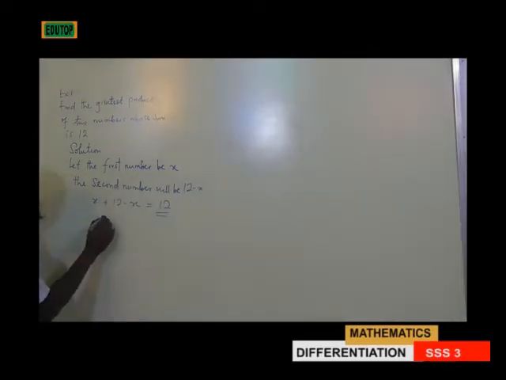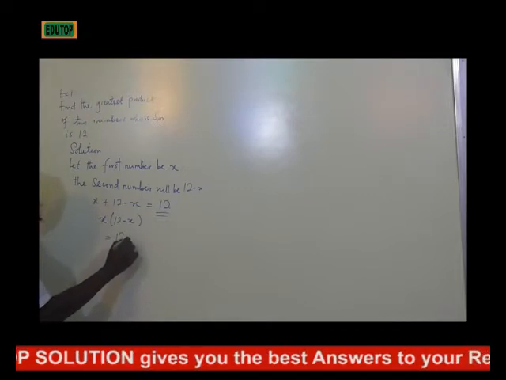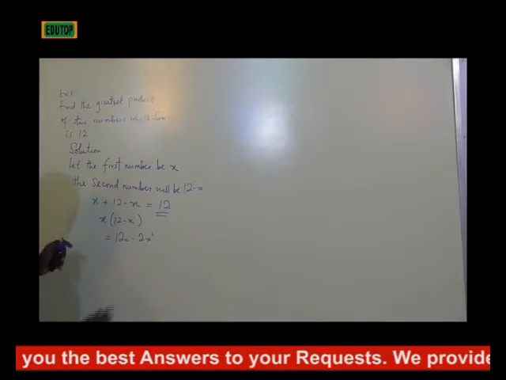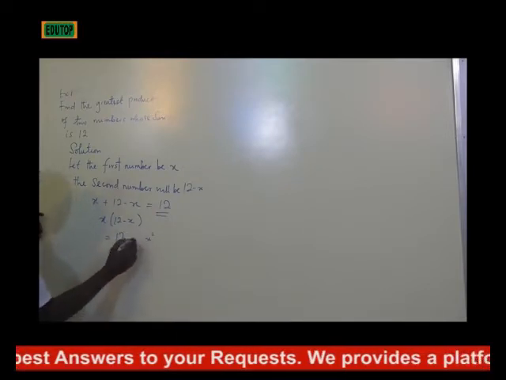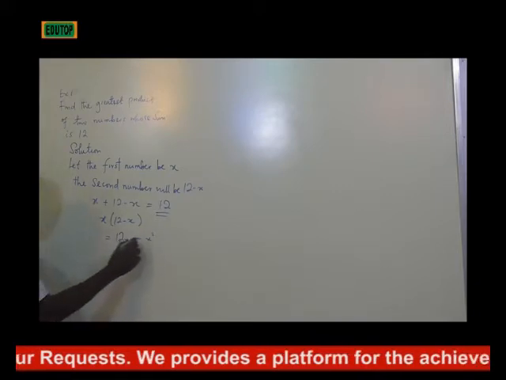Then the product means x multiplied by 12 minus x, and that will give us 12x minus x squared.